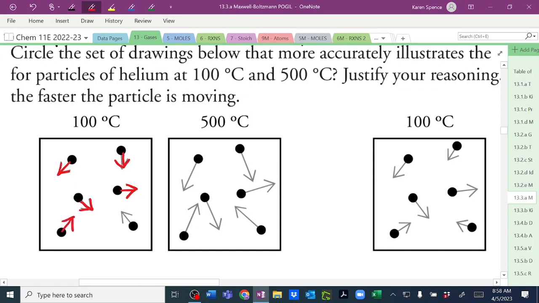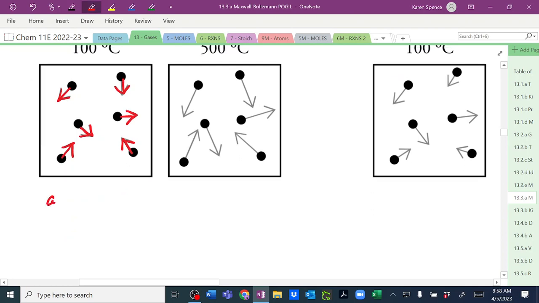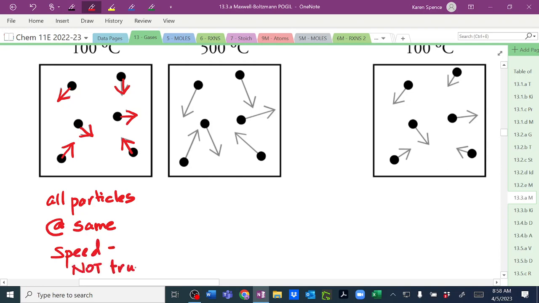That would mean that all the particles are moving at the same speed. Is that true? No. And same thing for the one at 500.